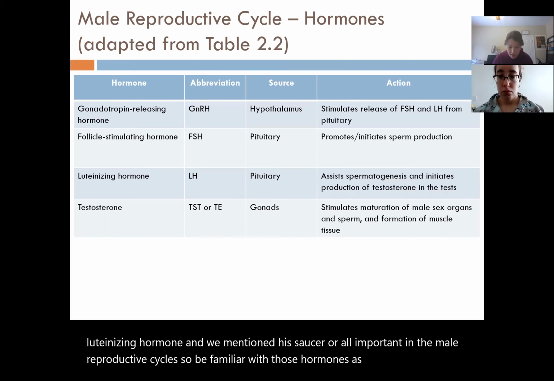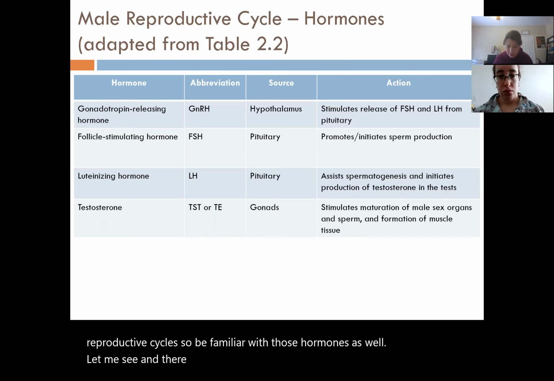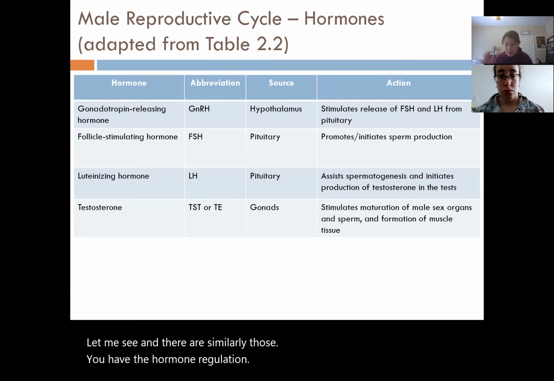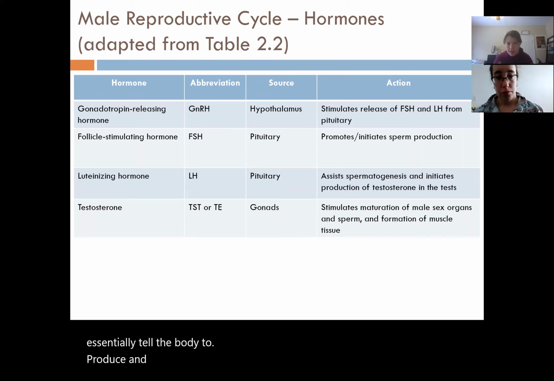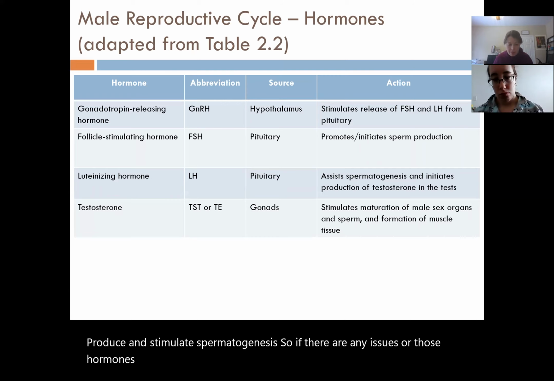And similarly, you have the hormone regulation that essentially tells the body to produce and stimulate spermatogenesis. So if there are any issues in those hormones, which can be impacted by nutrition, then that process can be interfered with.